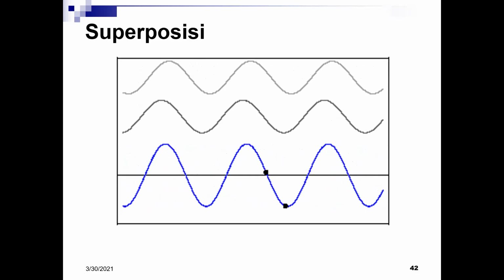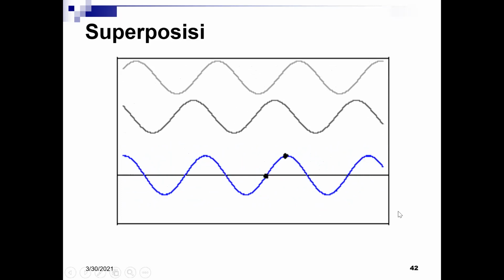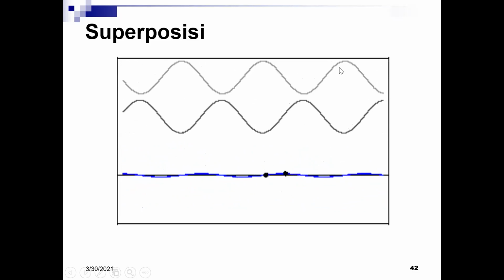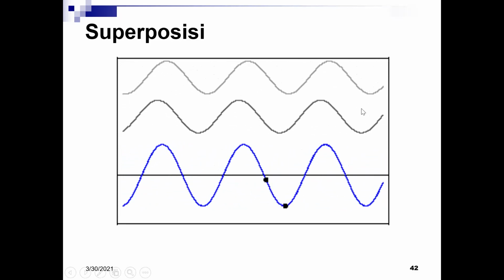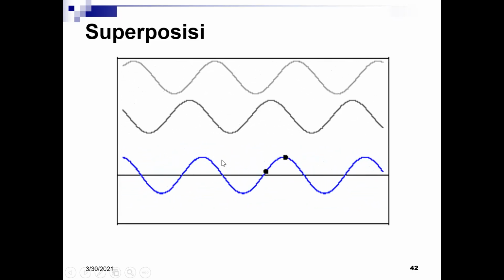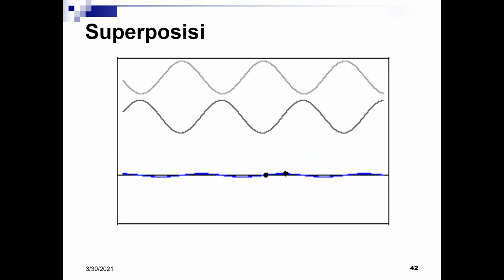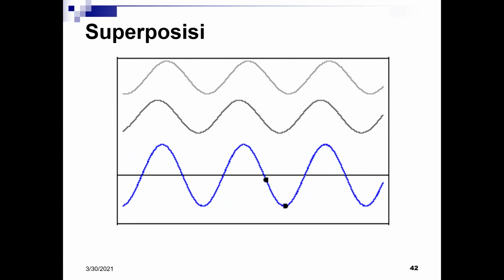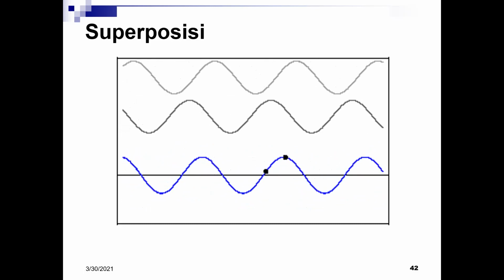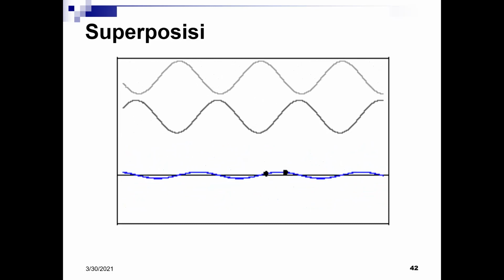If they meet, maximum meets minimum, then it becomes 0. If the superposition wave is 0, then they have the same amplitudes, the same wavelength, the same period, but differ in phase by 180 degrees.